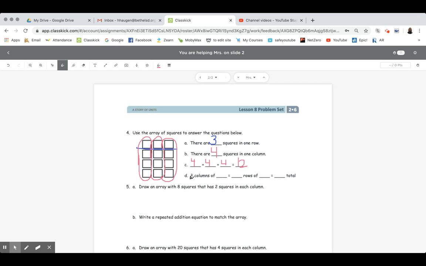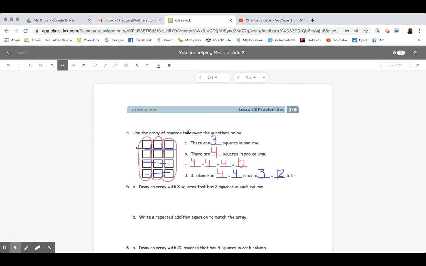So what I did here was 3 columns of 4 is the same as, let me change again. How many rows? Well, I have 1, 2, 3, 4 rows. And how many in each row? Right, 3. And either way you look at this, as rows or as columns, my total is still 12.